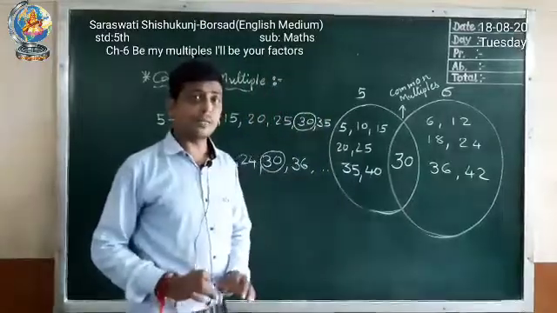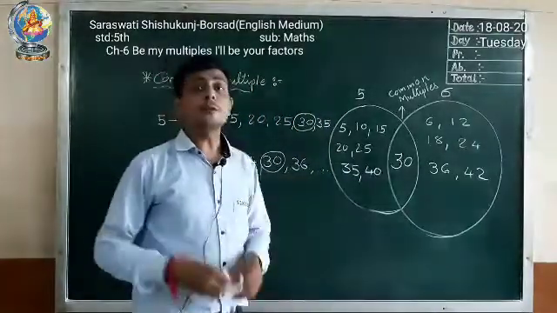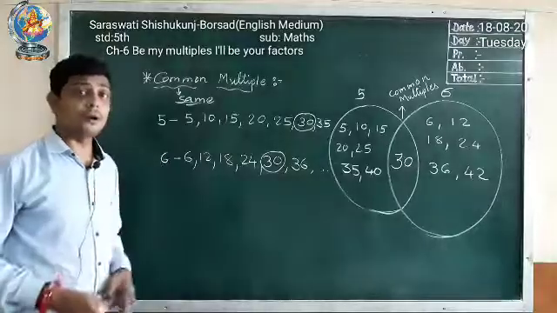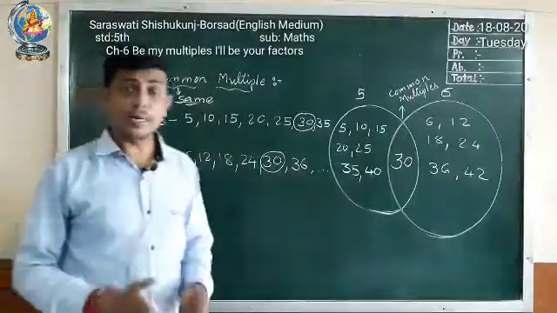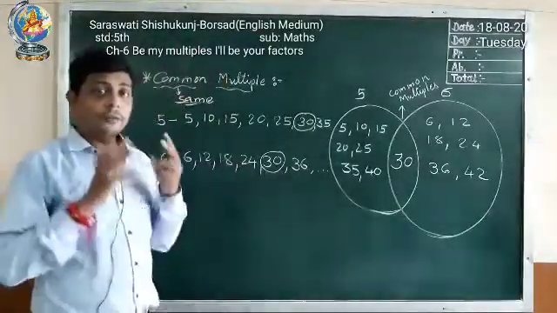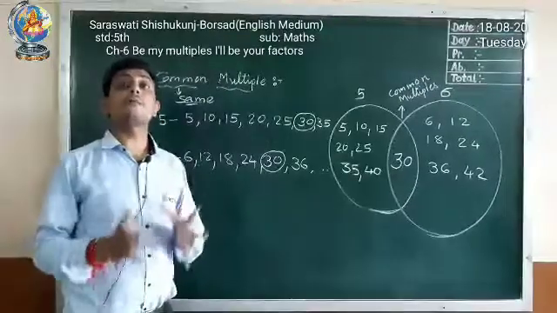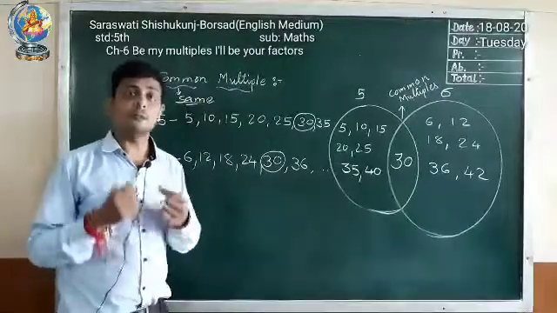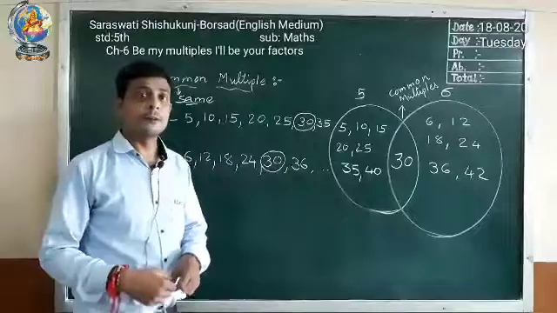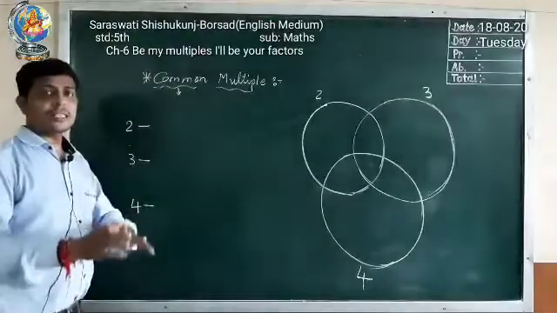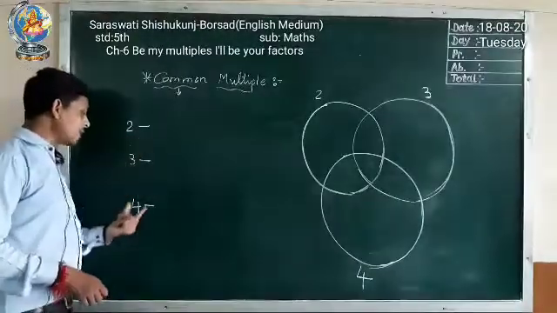Now we will use three different numbers. We will write their multiples and find their common multiples. We will do one more example. Here I have written the different numbers 2, 3 and 4.